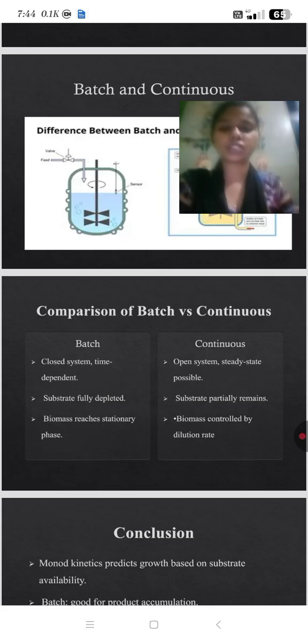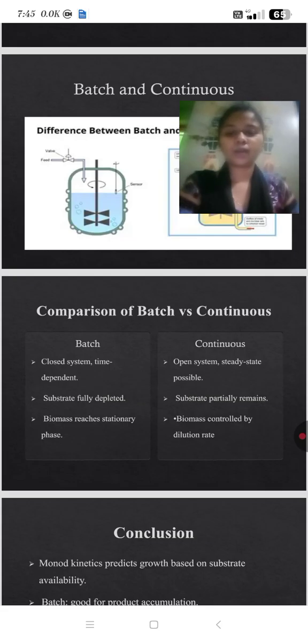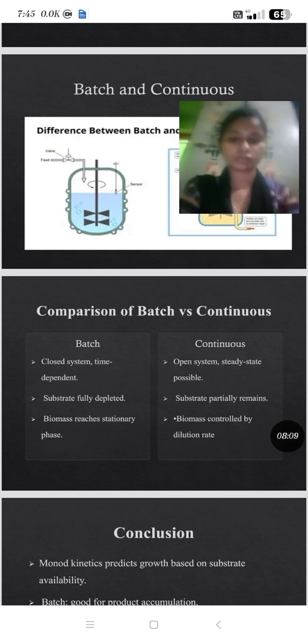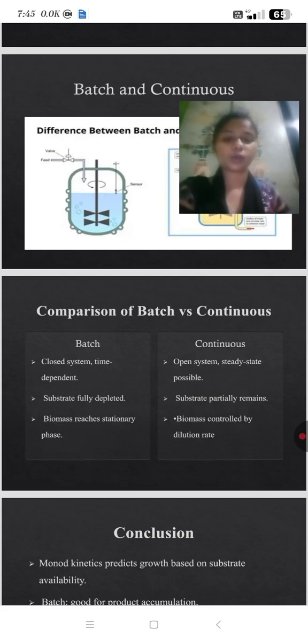Comparison of batch versus continuous. Batch: closed system, time dependent, substrate fully consumed, biomass reaches the stationary phase. Continuous: open system, steady state, substrate partially remains, biomass reaches a sustainable phase, controlled by dilution rate.